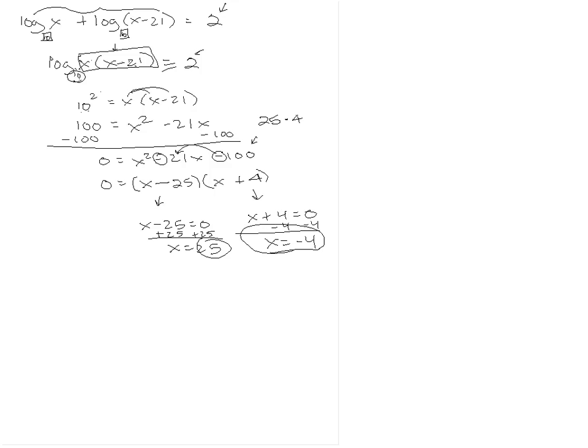Oh, okay, that's right. I've got to go to the original problem. If I put x is negative 4, can't work. X is negative 4, you get negative 25, can't work. It's got to be the positive one. So the only answer that works is 25. Okay.